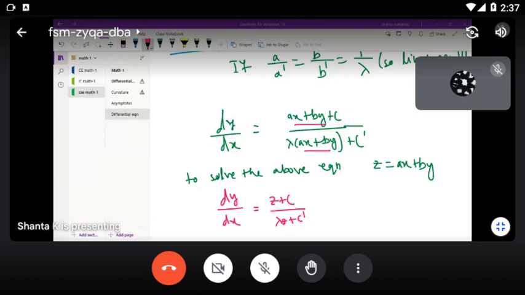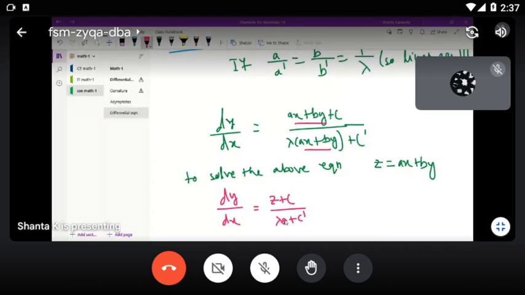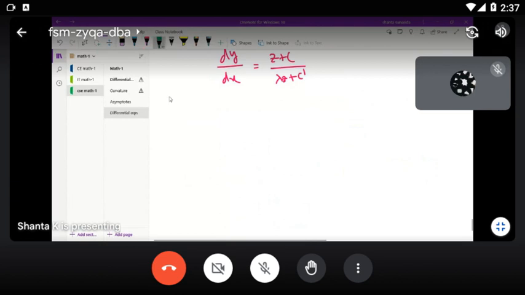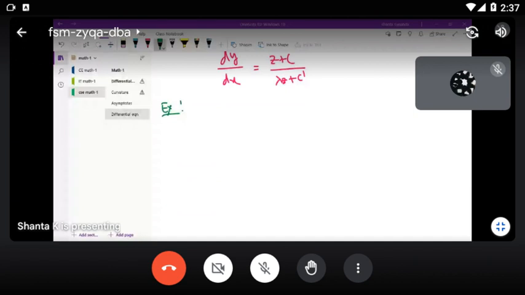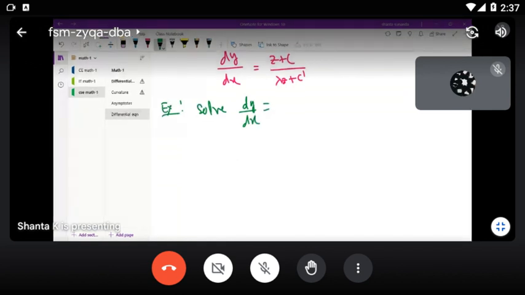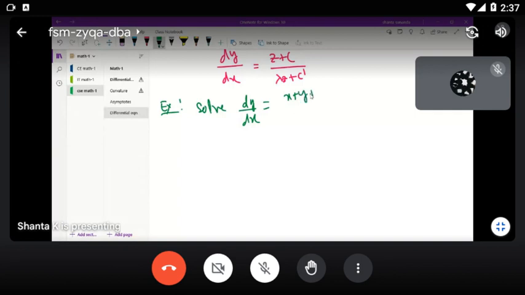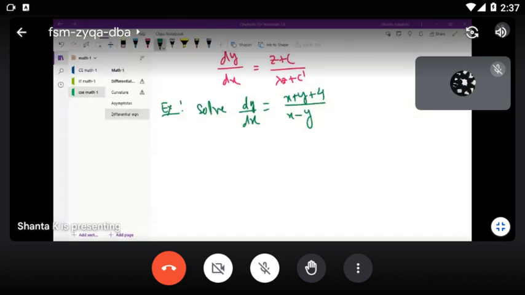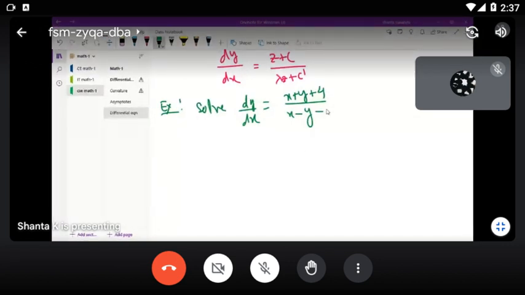Okay, so we will do one example. Solve dy by dx equals x plus y plus 4 over x minus y minus 6.